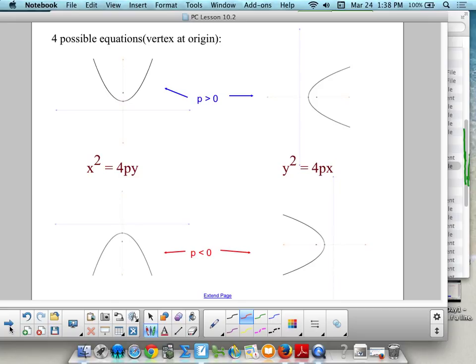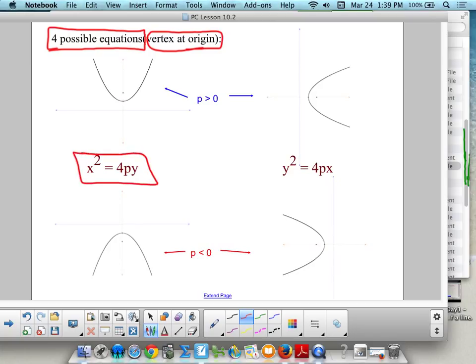Here are 4 possible equations that you might get if the vertex is located where? At the origin. These equations only work when the vertex is at the origin. Now, see this one? X squared. That's when the parabola goes up or down. When it goes up, look at the vertex.